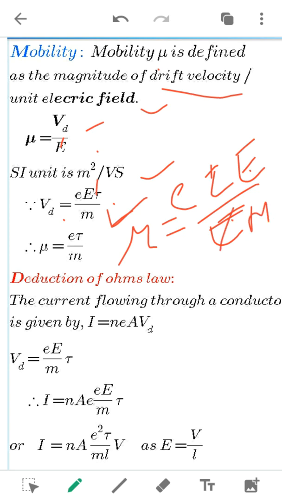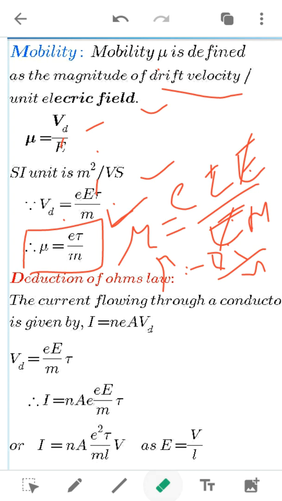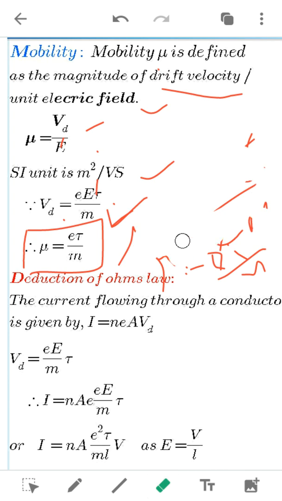E and E get cancelled. What we have is mu equal to e tau by m. So mobility equal to e tau by m.